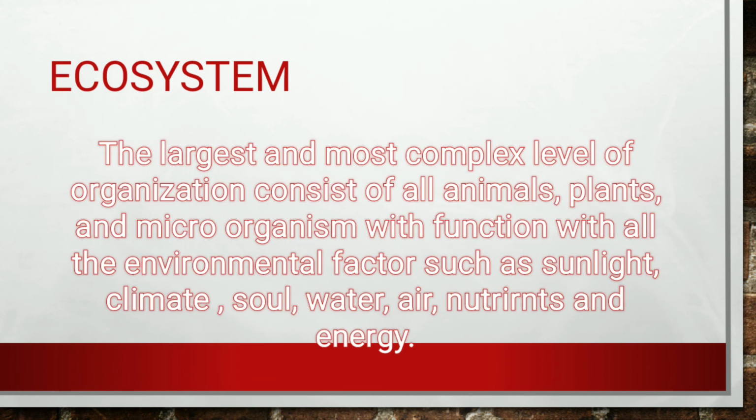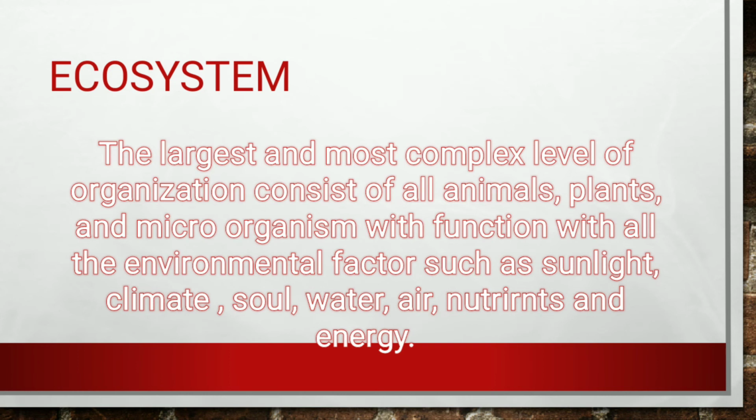The next one is ecosystem. Ecosystem is the largest and most complex level of organization, consisting of all animals, plants, and microorganisms functioning with all environmental factors such as sunlight, climate, soil, water, air, nutrients, and energy.